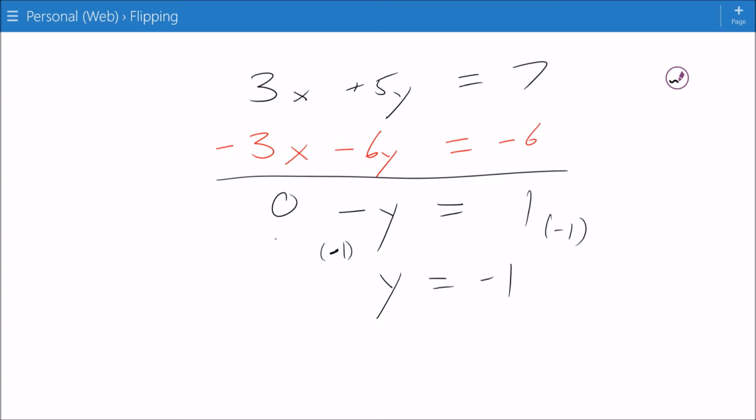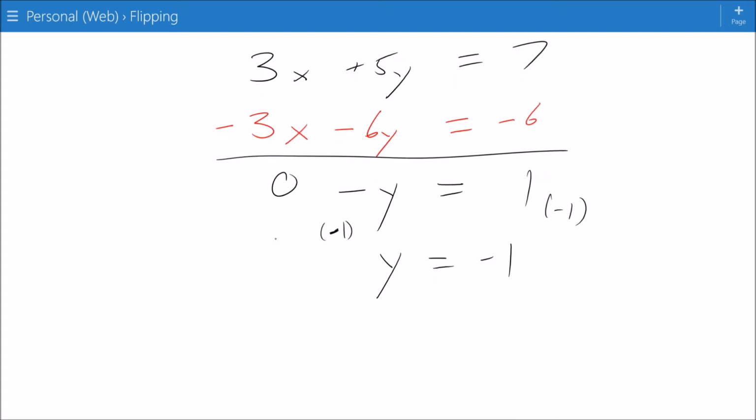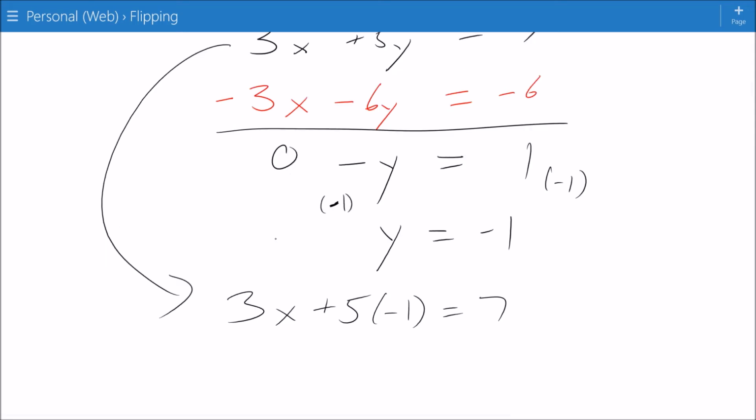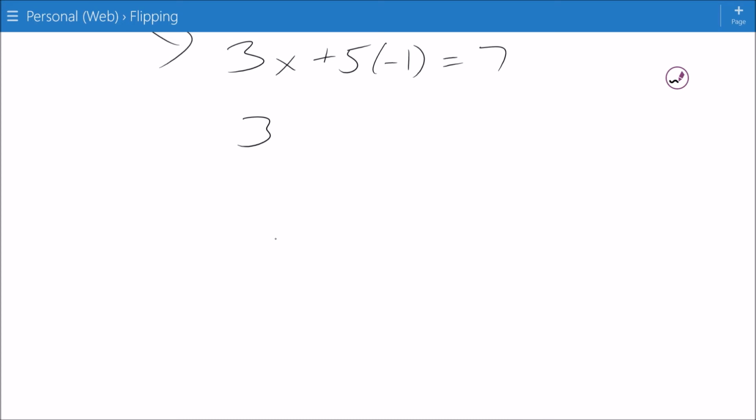I can go back and solve this just like I've solved everything else of similar fashion that I've worked on lately. 3x plus 5, I'm just bringing that guy down and plugging in for y, is equal to 7. 3x, 5 times -1 makes that -5 equals 7.